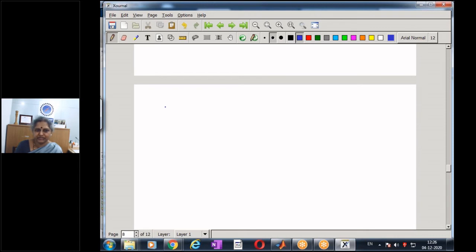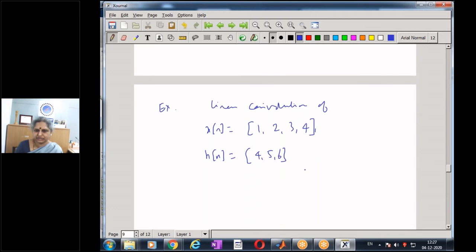So let us consider an example. Let us say the aim is to perform a linear convolution of x of n equal to 1, 2, 3, 4, and let us say h of n is 4, 5, 6.